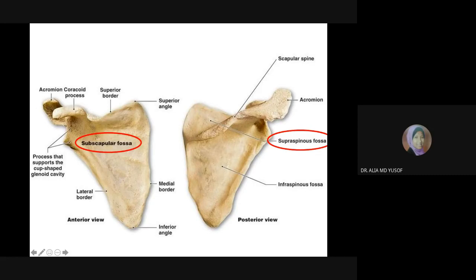Now apart from that, you will see that the scapula has borders, the superior border. Before the border, you can see a notch here. We call it the scapular notch. The scapular notch is medial to the coracoid process. Coracoid process, scapular notch, and then the superior border.